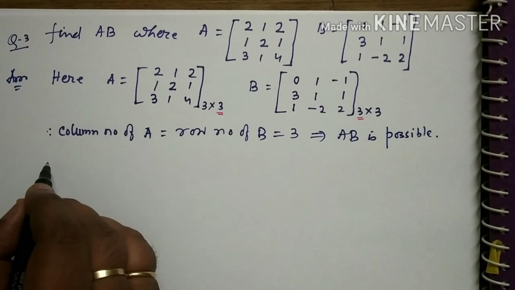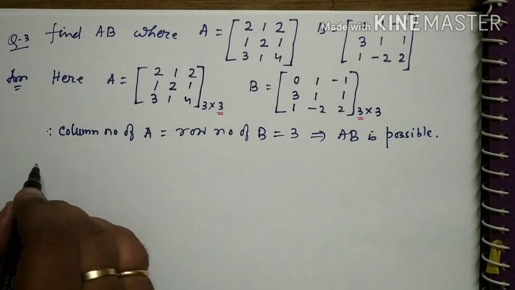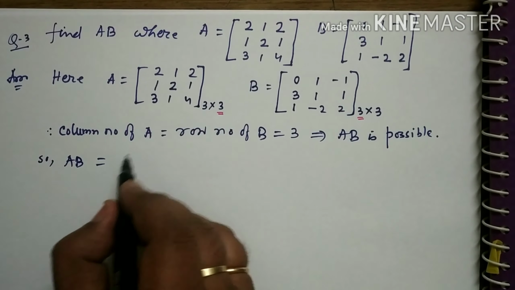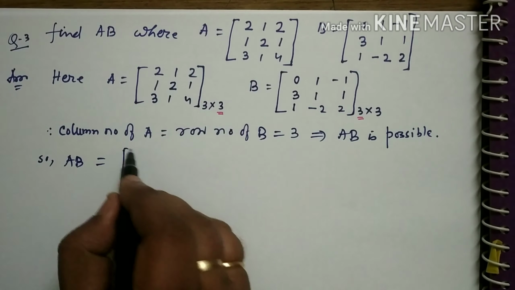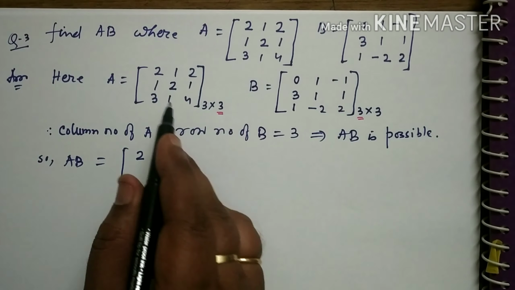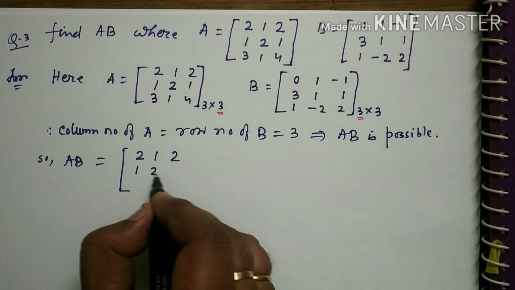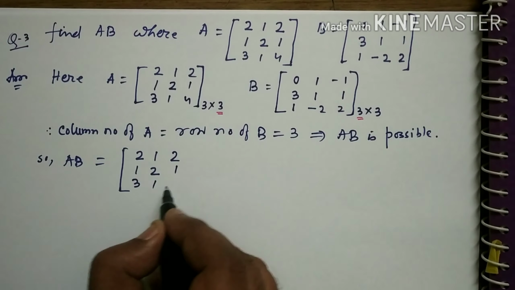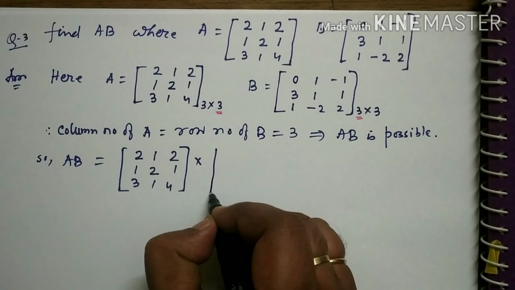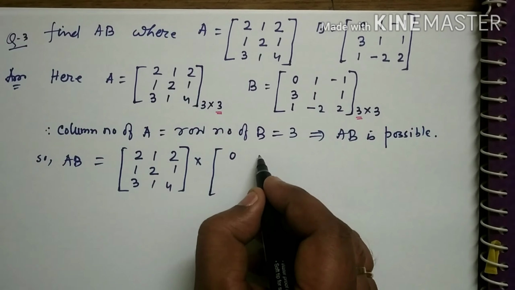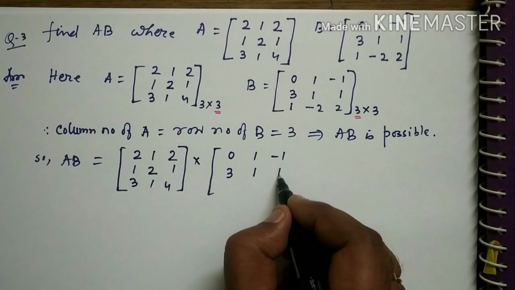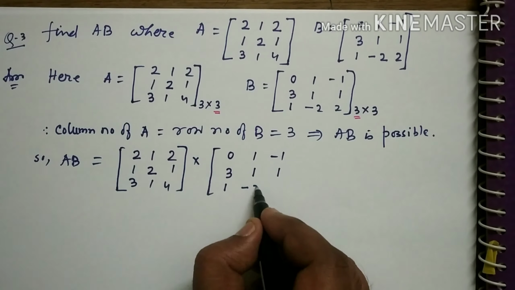Now I want to calculate AB. You write down [2 1 2; 1 2 1; 3 1 4] multiplied with [0 1 -1; 3 1 1; 1 -2 2].